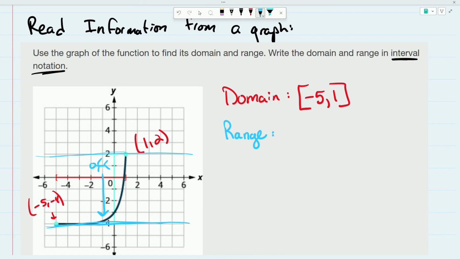So you're looking for the lowest y value. And that's going to be -4. And since the ordered pair is solid, we can include -4. And then how high does this function go? Well, it goes all the way up to +2. And that's all this is, how we read information from a graph. All right, let's try a couple more here.